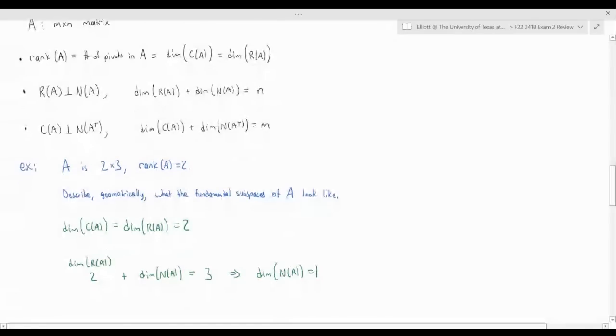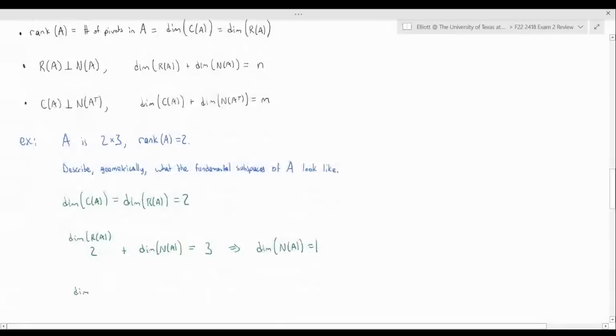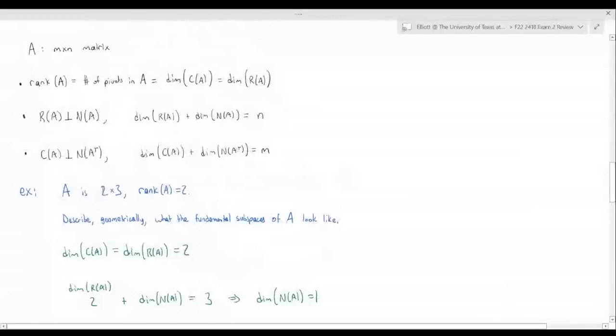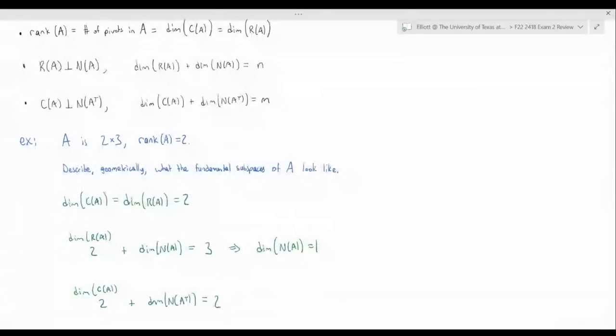And similarly, you can solve for the dimension of the left null space as well, using this equation here. Because we know the dimension of the column space is also 2. So if we do that plus the dimension of the left null space, that has to be equal to m, the number of rows in A, and here A is 2 by 3, so m would be 2.